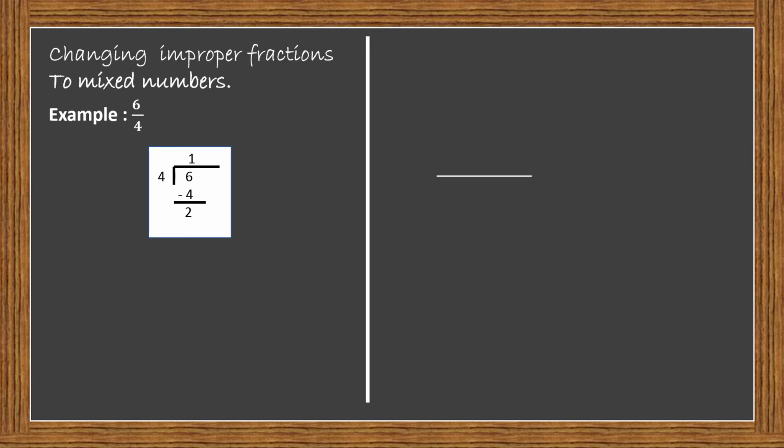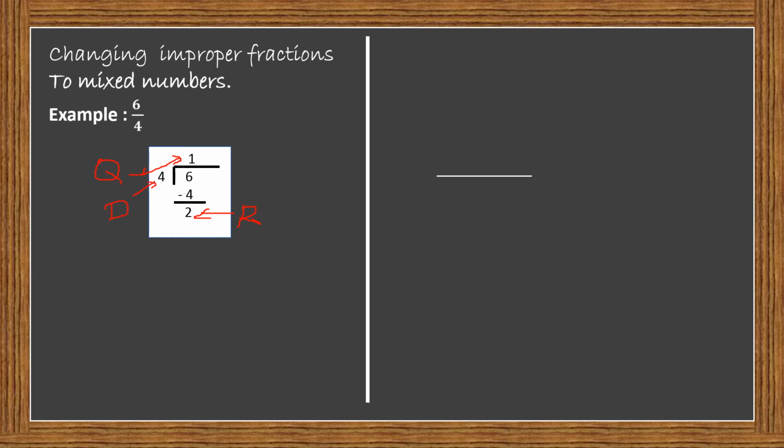It's a normal division. So 4 ones are 4 and the remainder will be 2. So this 1 will be your quotient, 2 will be your remainder, and this 4 will be your divisor.